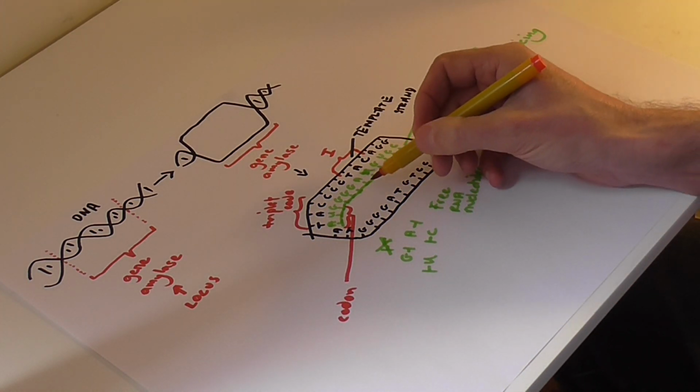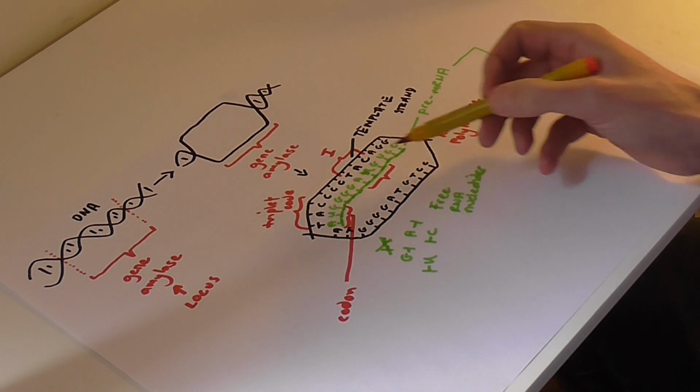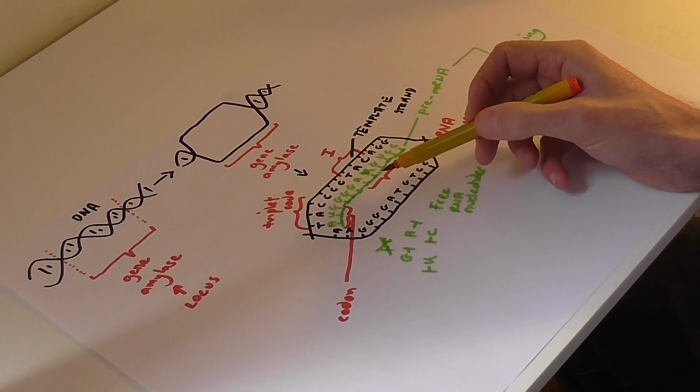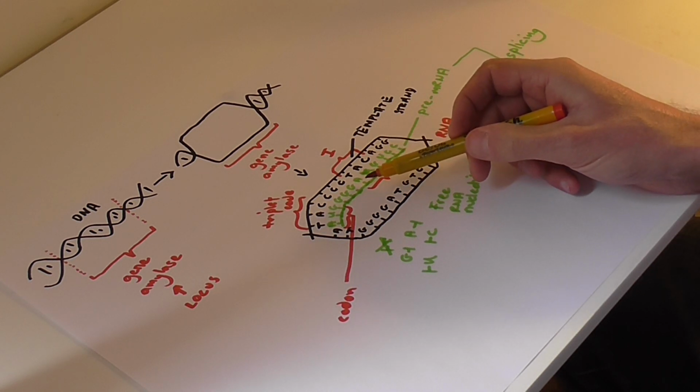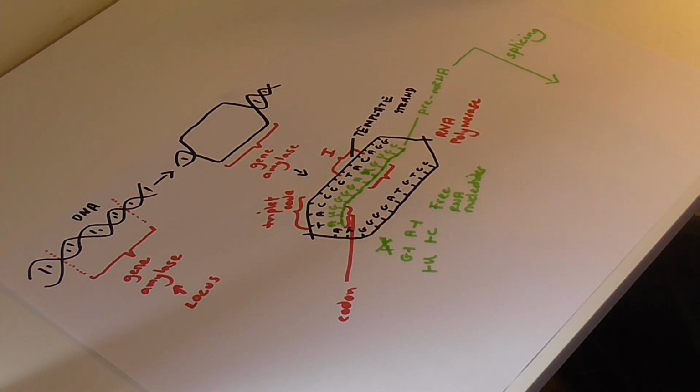So on our pre-mRNA strand, where I went wrong earlier, we have the sequence of AUG. So that is an intron. What will happen in splicing is that intron will be removed.